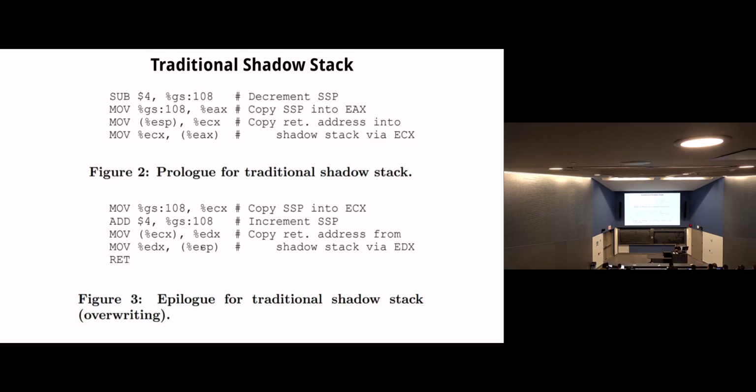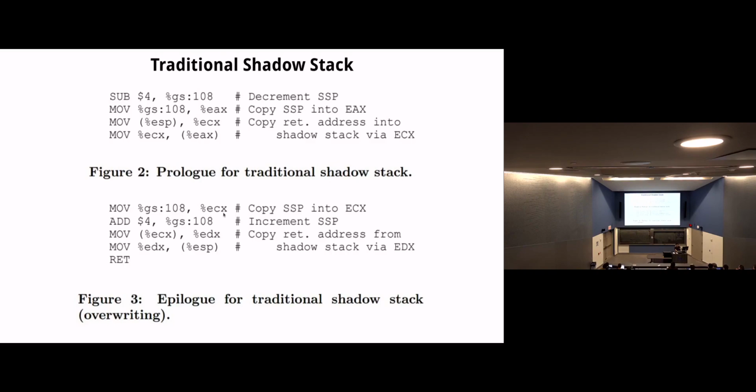The epilogue of this is, obviously, one way is we restore the return address from the shadow stack to the main stack. Or we can directly use what is in the shadow stack. Anyway, we do not trust what is on the main stack, right? So first, we move this GS:108 to ECX.